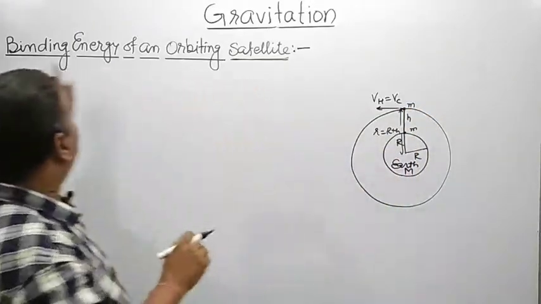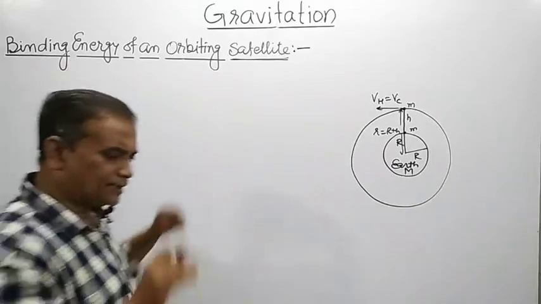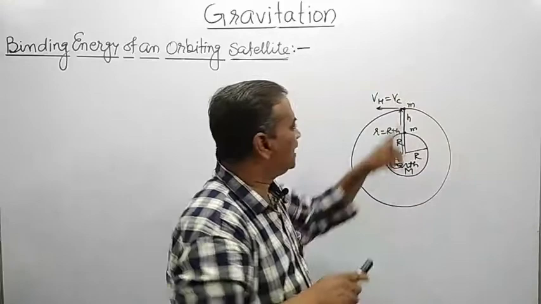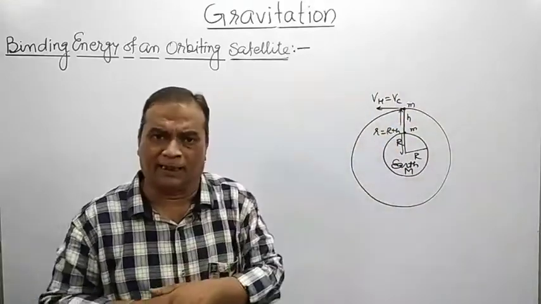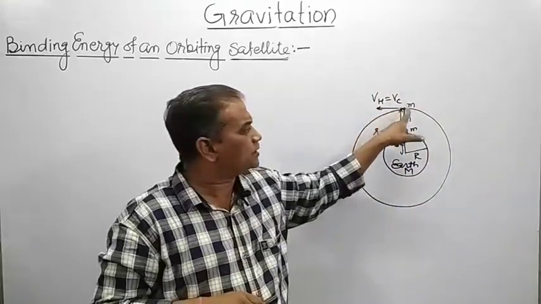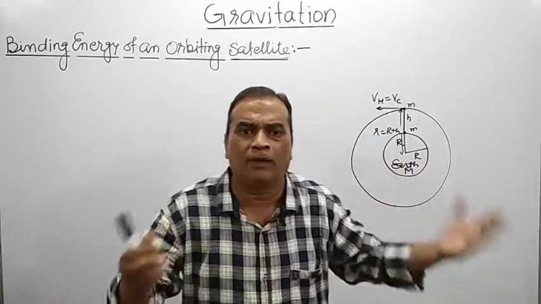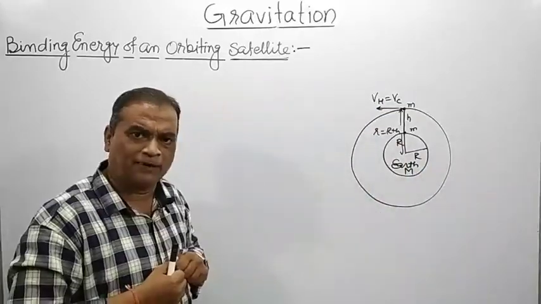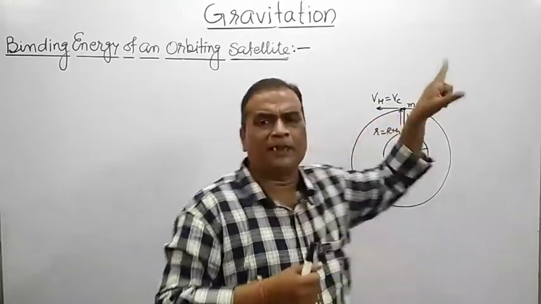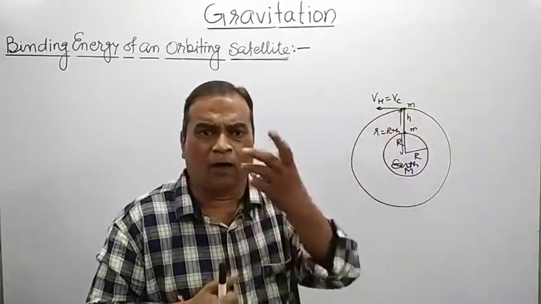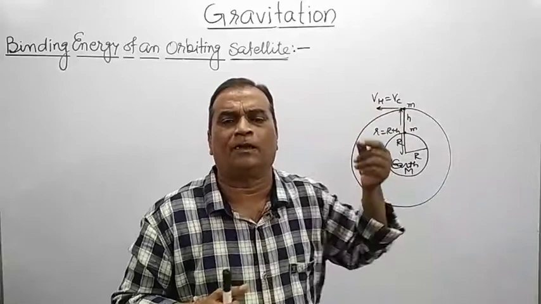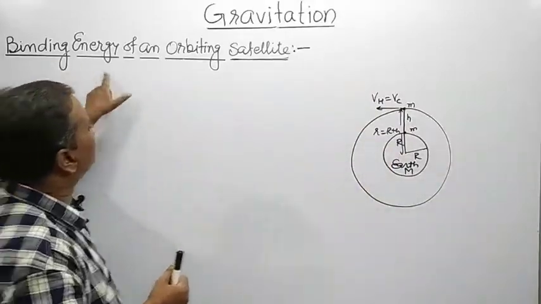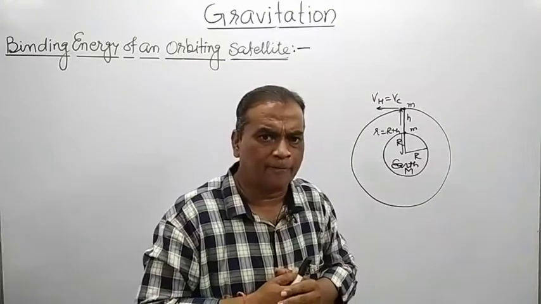Now, as far as the binding energy is concerned, it is defined as the minimum amount of energy that must be given to a satellite in order to escape the satellite from Earth's gravitational influence. The minimum amount of energy that must be given to a satellite in order to escape it from Earth's gravitational influence is called binding energy of a satellite.